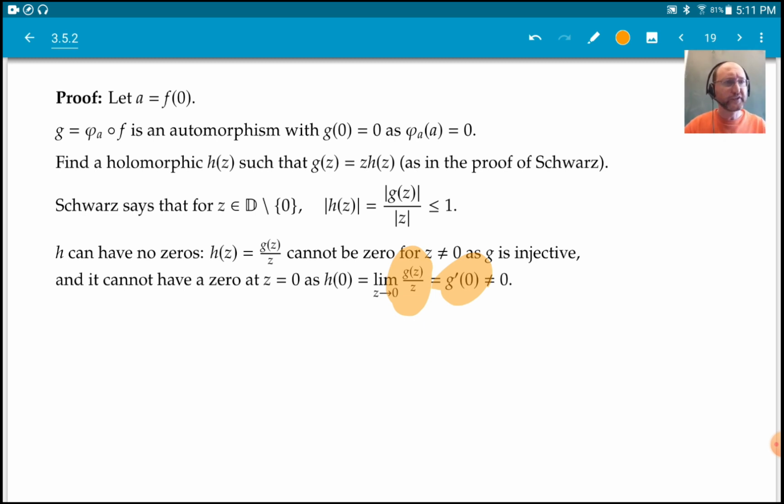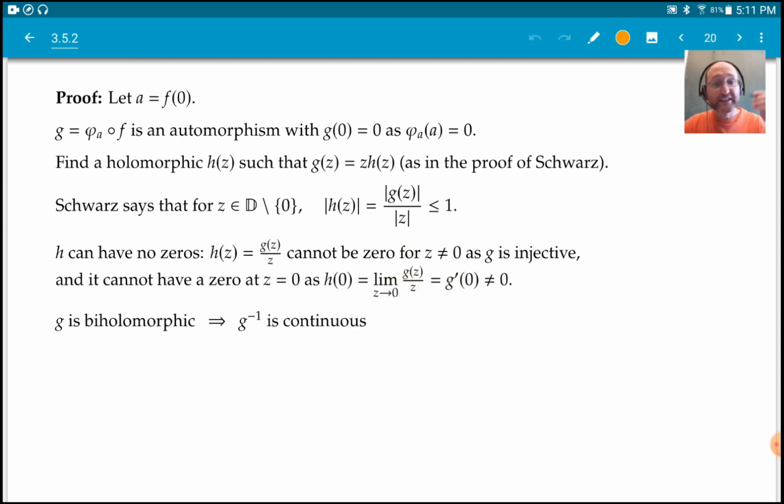It has an inverse. So its derivative cannot be 0; it wouldn't have a holomorphic inverse otherwise. So g prime at 0 is non-zero. That means that h of 0, which is g prime at 0, is not 0. So h is never 0 on the unit disk.